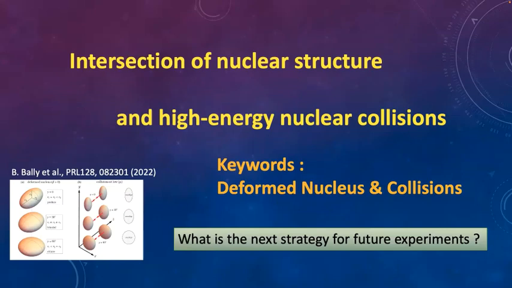I think the keyword is deformed nuclei, and also in my talk, I want to emphasize that the spectator is also very important in this context. So what is the next step strategy for future experiments? This is one of the topics for the big LHC experiments, but also for us, the lower energy heavy ion collision communities.